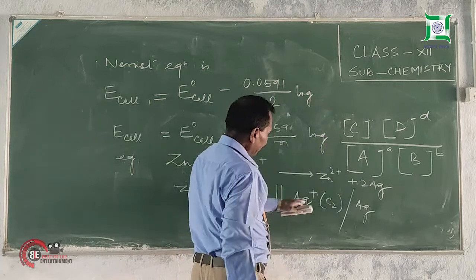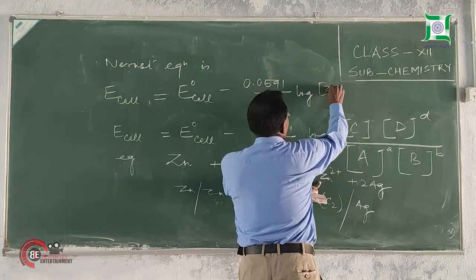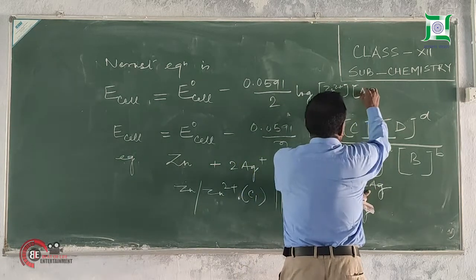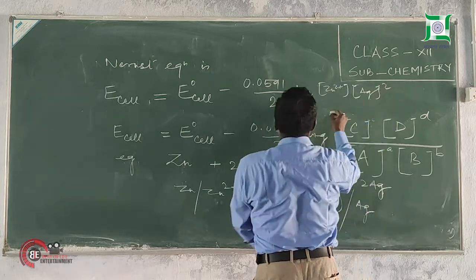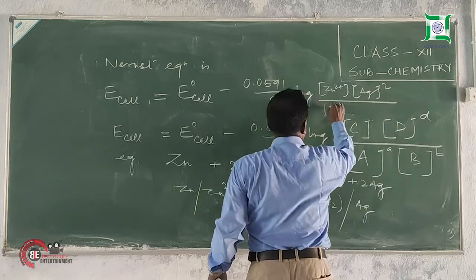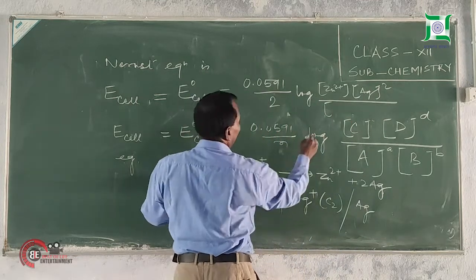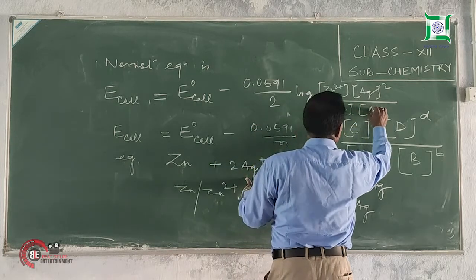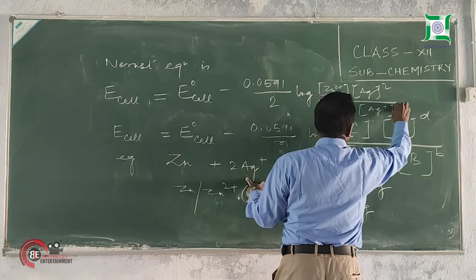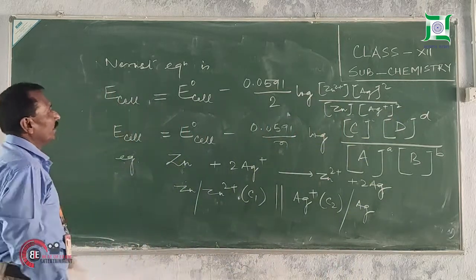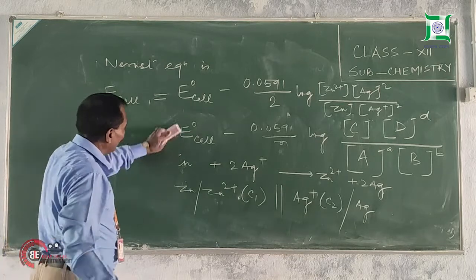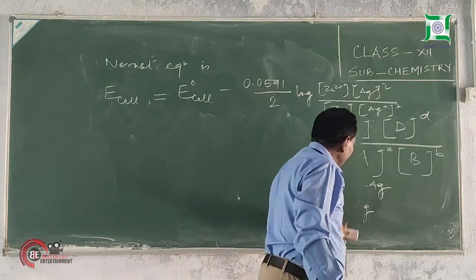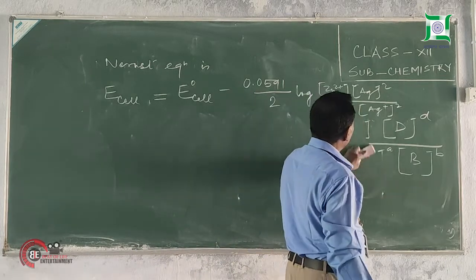Log of concentration of Zn2+ into concentration of Ag raised to the power 2 divided by concentration of Zn into concentration of Ag+ raised to the power 2. In this way we can write the Nernst equation for the given cell made by zinc and silver.